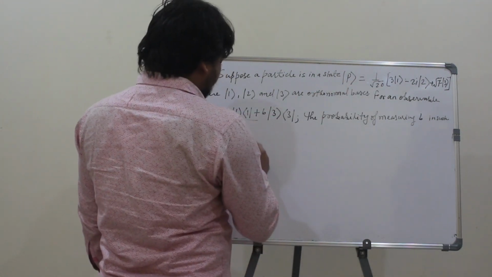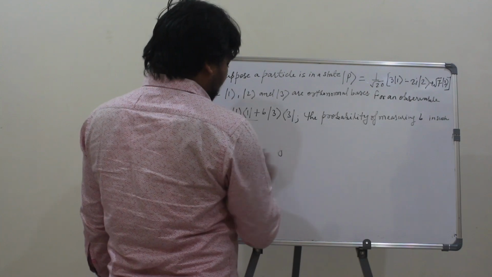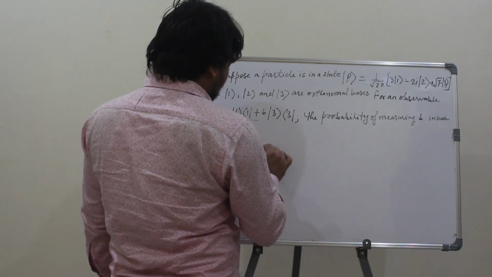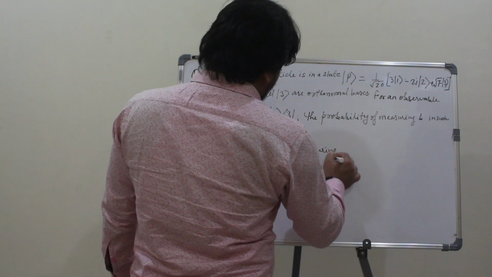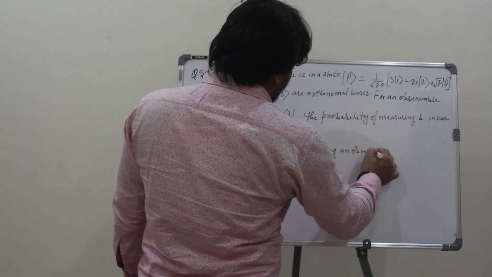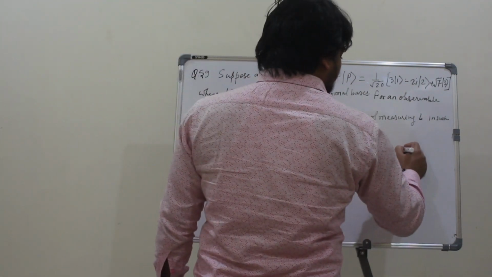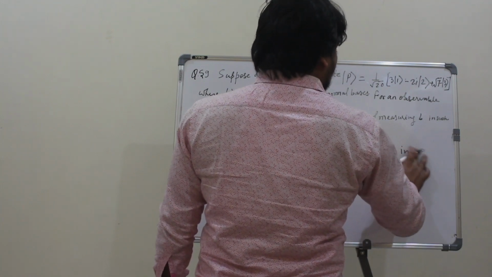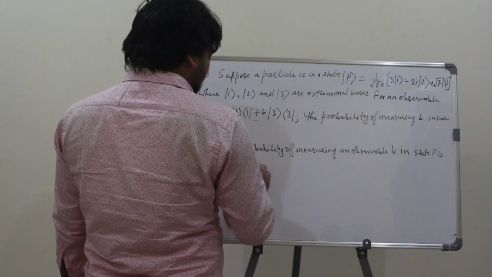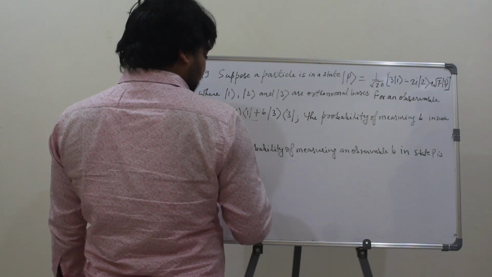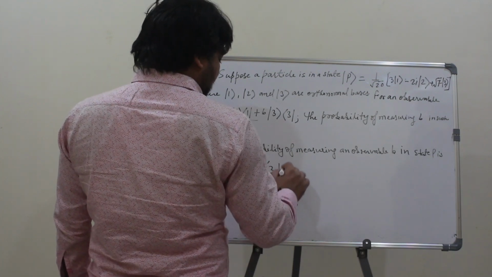The probability of measuring an observable B, which is basically part of capital B, when in state psi, is nothing but the probability P. If you write the probability, it equals nothing but the inner product of 3 with psi, whole square.